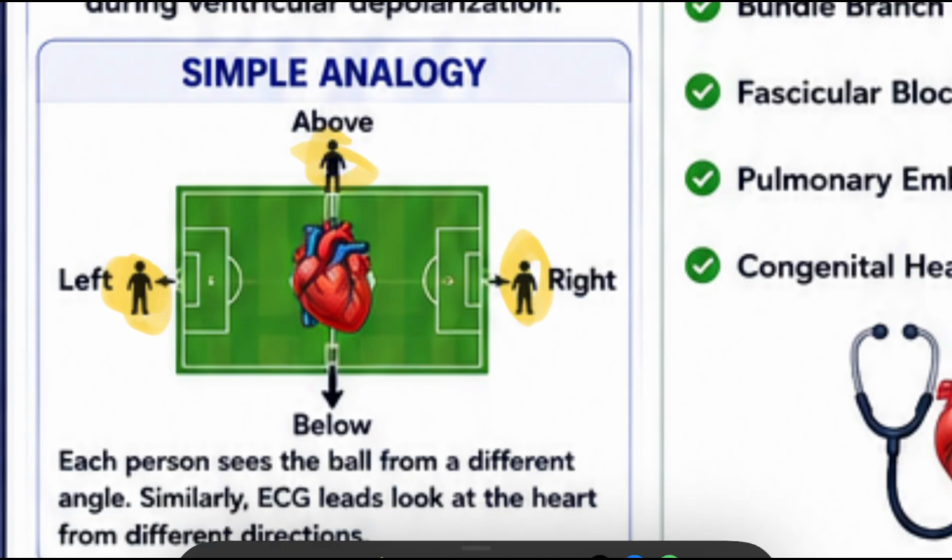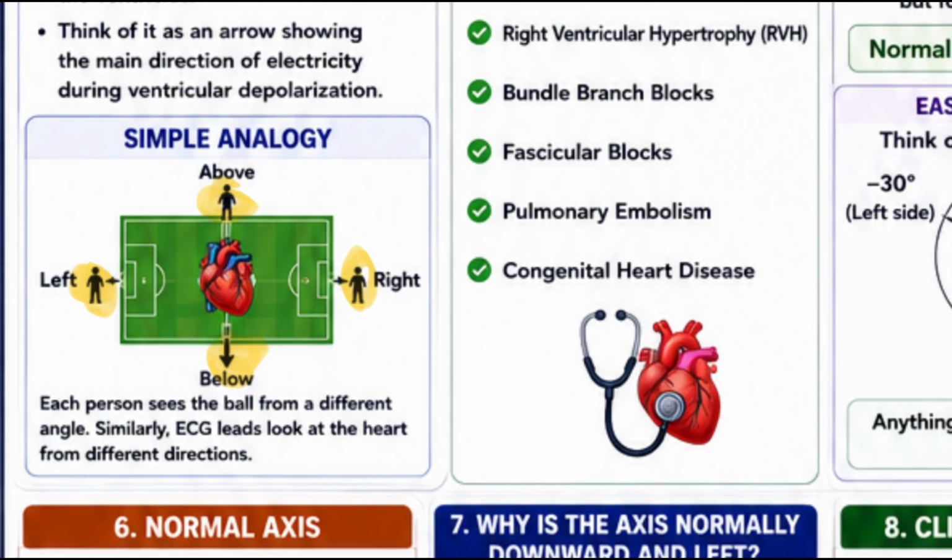So one from above and one from below. So each person sees the ball from a different angle. Similarly, ECG leads look at the heart from different directions. The cardiac axis tells us which direction the electrical impulse is moving. Okay, so that is the main thing.